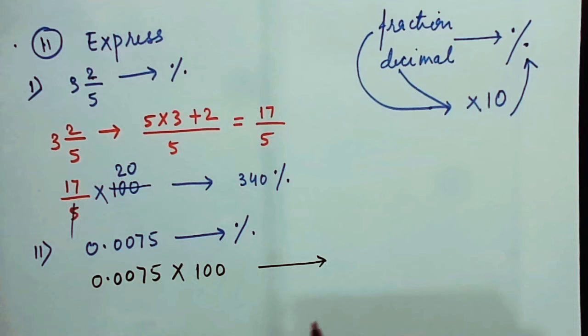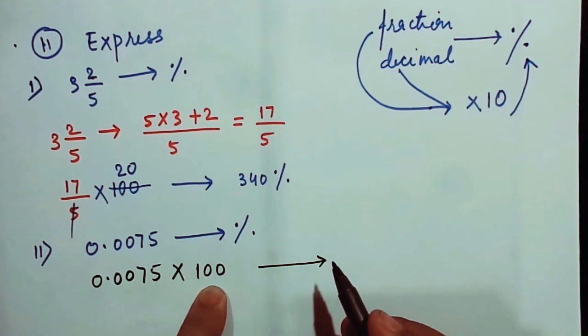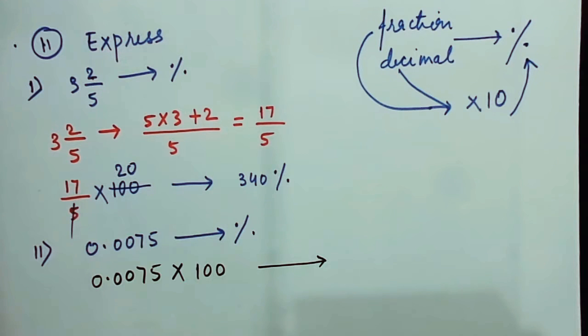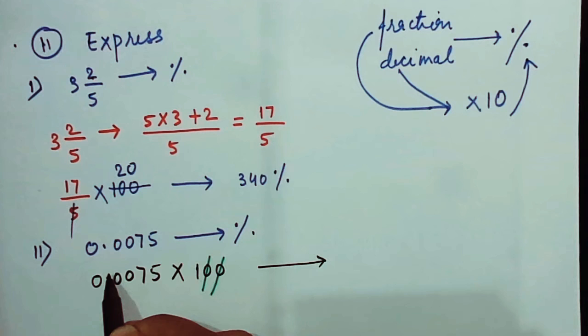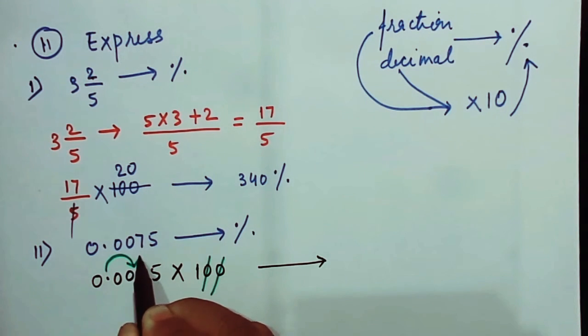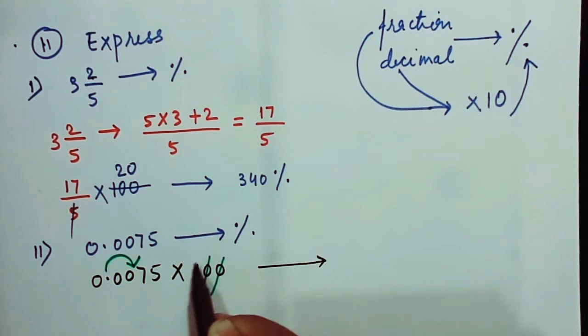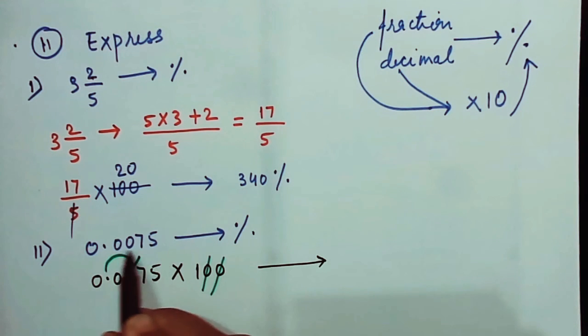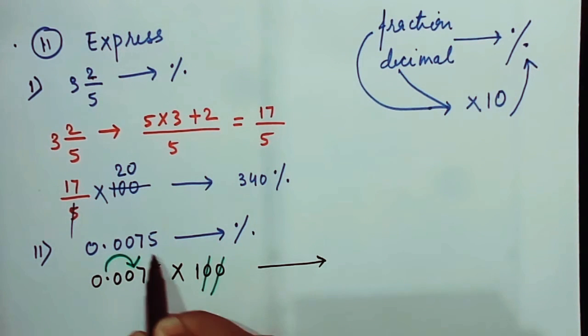So when you multiply a decimal with 100, or 2 zeros, the decimal moves towards your right hand side, because since you are multiplying, naturally the value of the original number will increase.